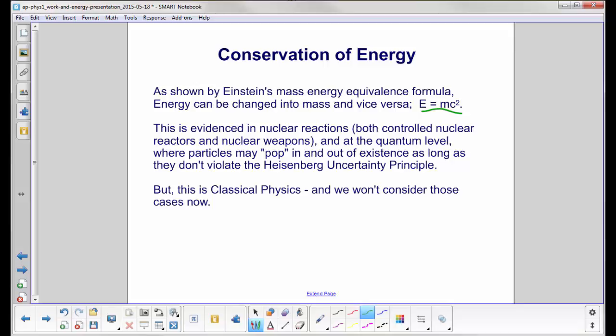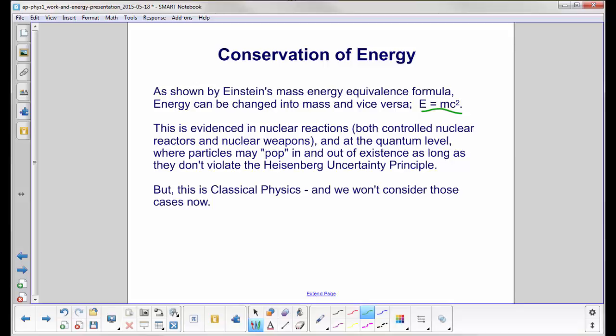So really, instead of conservation of energy and conservation of mass, the real law is conservation of mass energy. Now, you don't see that in normal everyday working life. You don't see that playing baseball or riding a bicycle. But in nuclear reactions, where it's either a nuclear explosion or nuclear reactors, you have mass turning into energy.